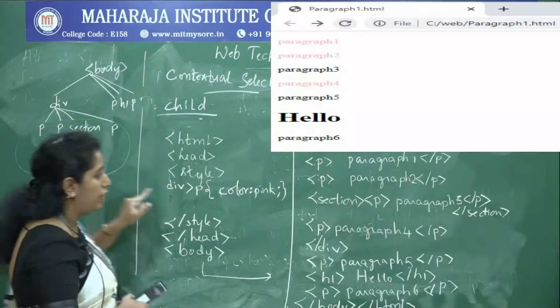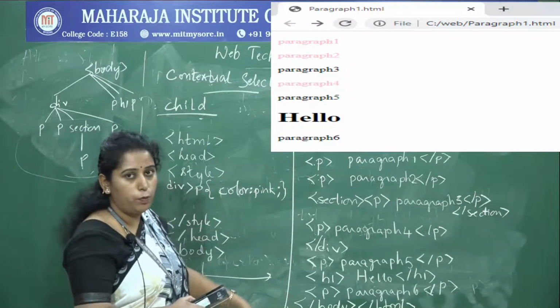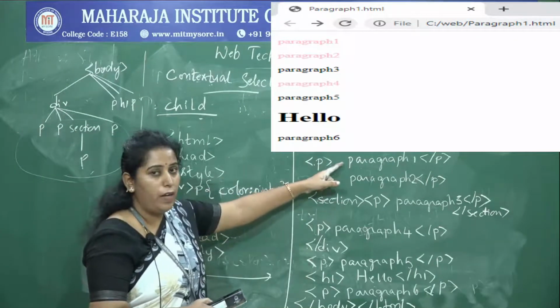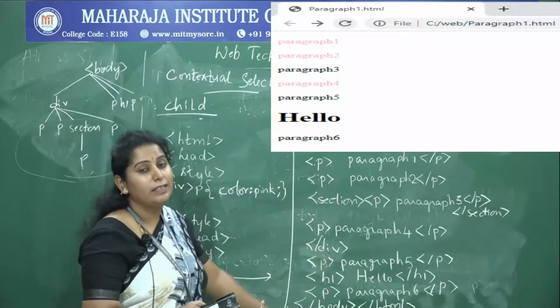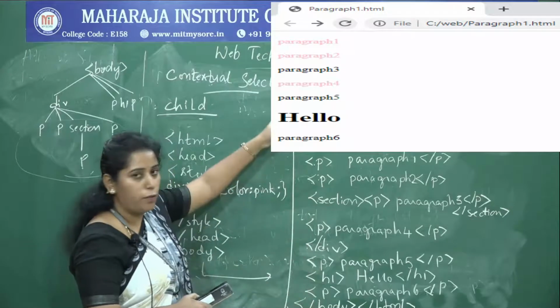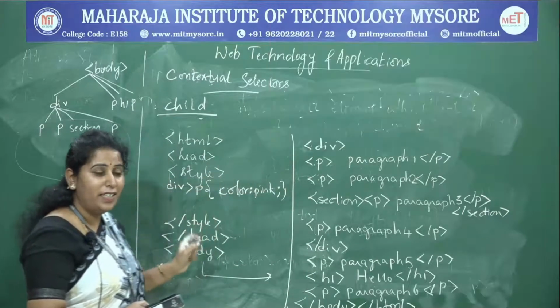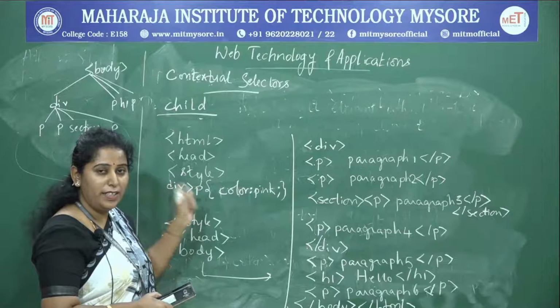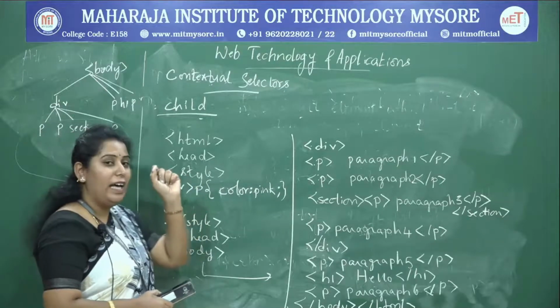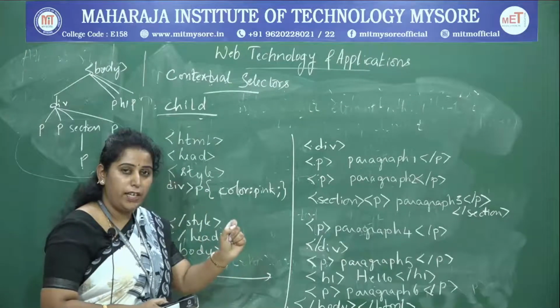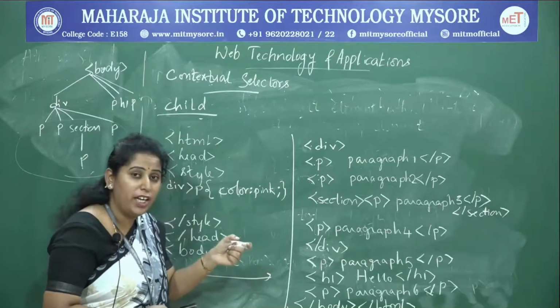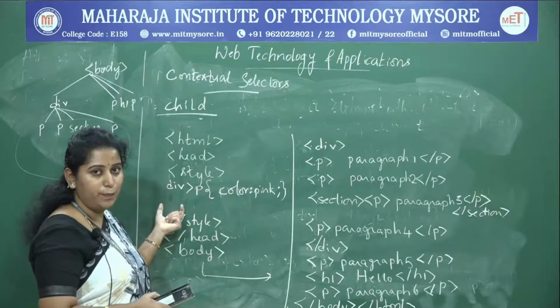So that's why this will not be reflected, and this is the first child. So finally, once you run this program, you can look into the output screen, that is paragraph 1, 2 and 4 is printed in pink color, and other tags have not been reflected. It means that the child selector says that a particular element should be a first child of the parent.